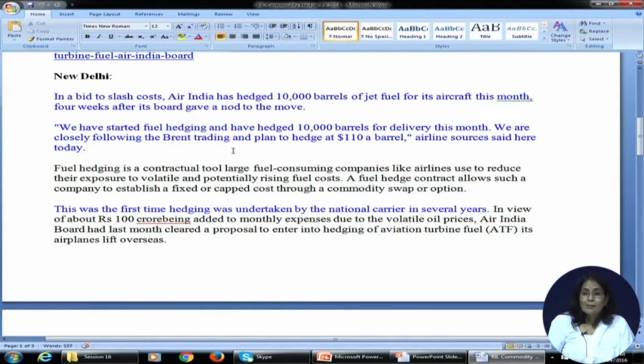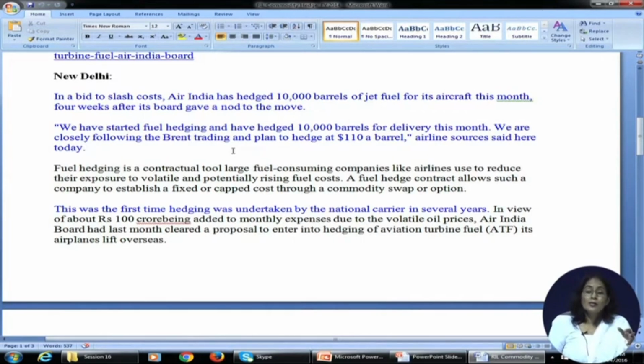You anticipate that the price is going to go up or down, and accordingly you take a decision, and in hindsight this decision probably would not prove good. I won't use the word wrong, it is not proving good at this point of time, considering the crude oil price has gone down.